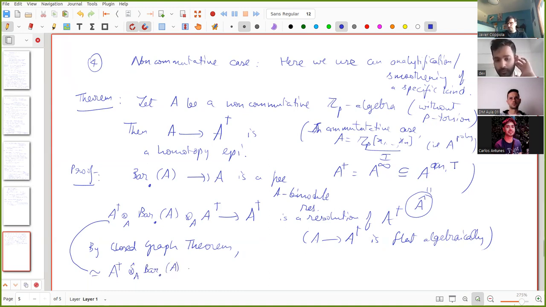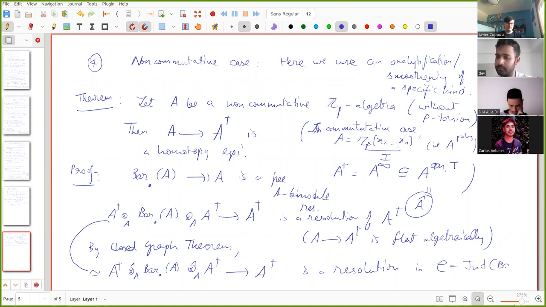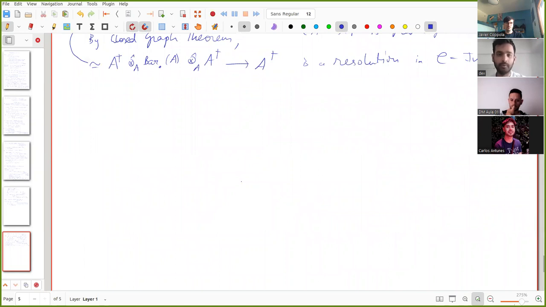And this continues to remain the resolution. But this time, that's where the closed graph theorem comes in, it's a resolution in the right category. And that would conclude the proof that A to A dagger is a homotopy epi.